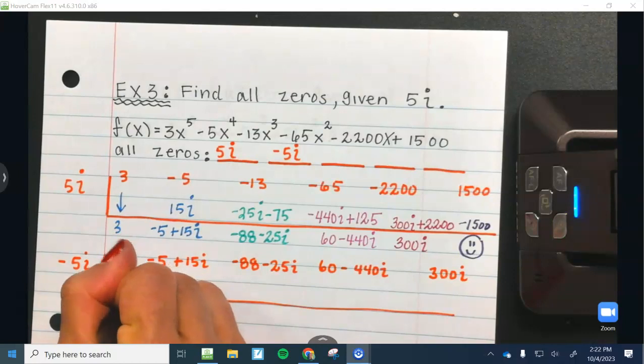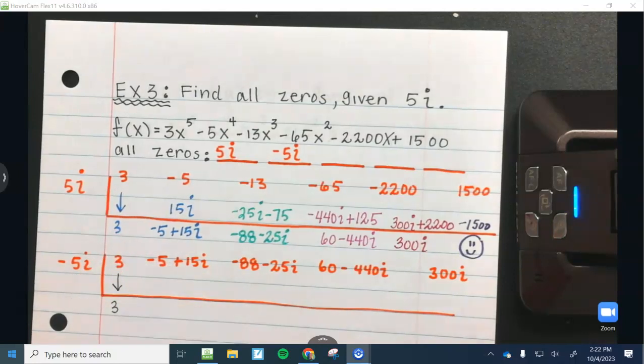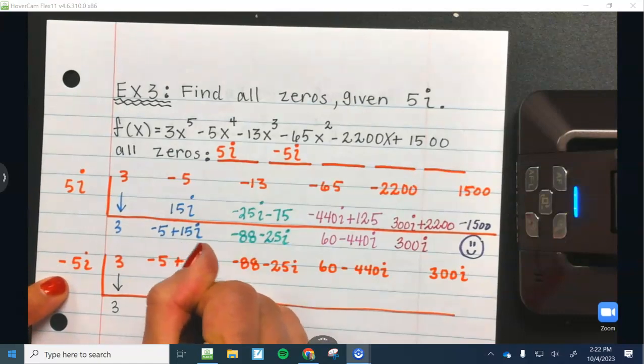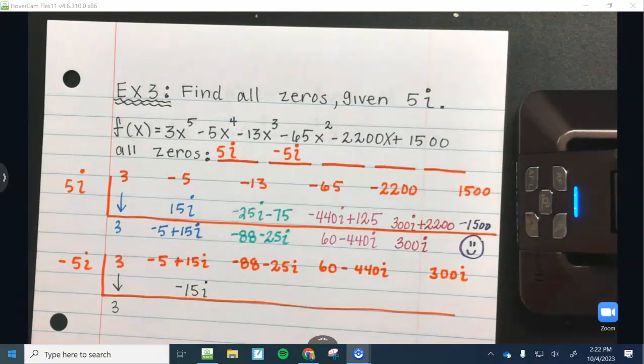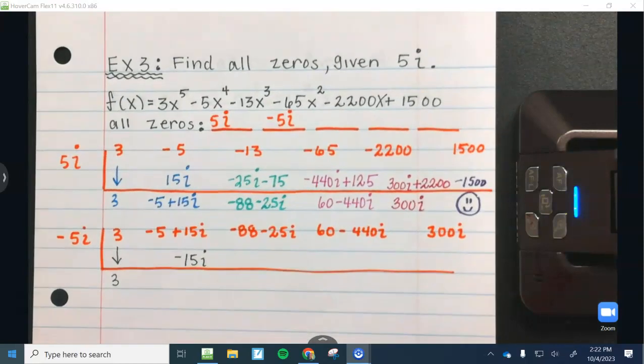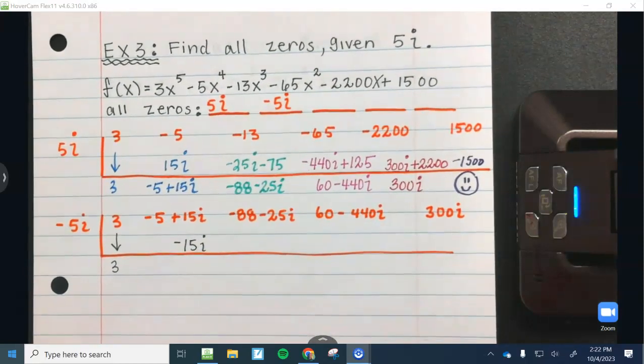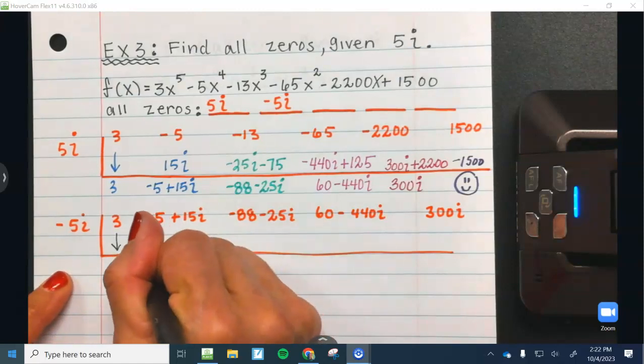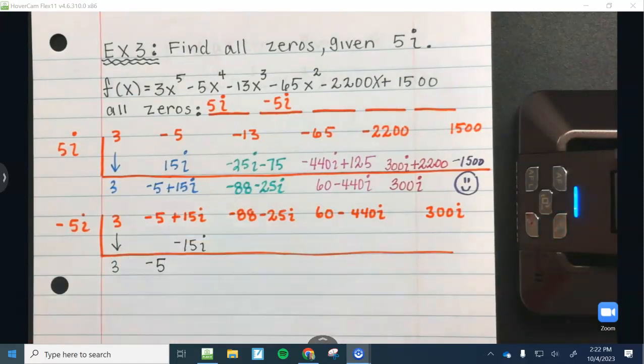All right, let's bring down that 3. Y'all, what's negative 5i times 3? Yeah, negative 15i. Ooh, look what happens. Those imaginaries cancel out. I wonder if it's going to be like that all the way across. Let's find out. Let's bring down the negative 5 because that's all that's left.